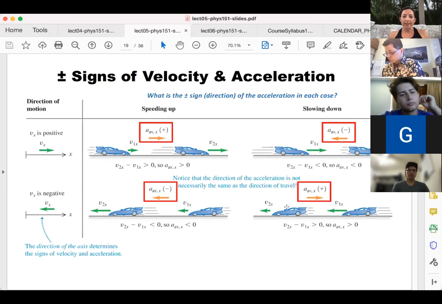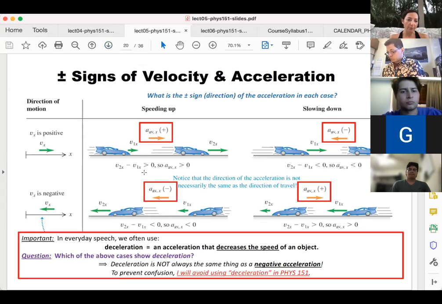And we see that the velocity is decreasing. So there must be something decelerating our car, which is an acceleration that in this case is positive, because it needs to go opposite to the direction of the velocity. I hope it's making sense to you. I really hope.